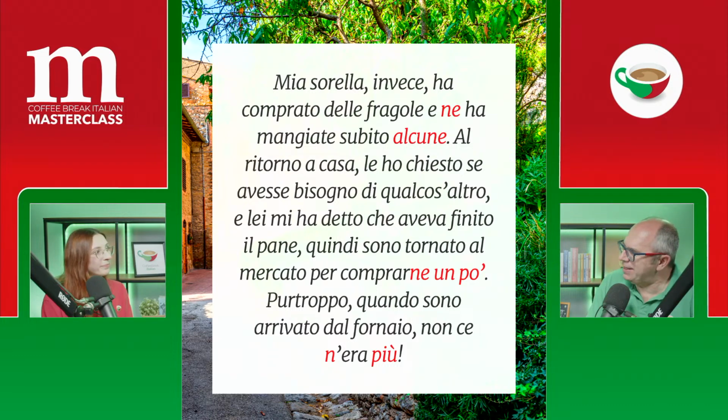Can you explain this a little? Because this is interesting. Yes. So this means that when I got to the baker, actually we have dal fornaio here at the bakery, there was none left. None of it left. So notice how in this sentence we have the combination of c'è and ne. So ci and ne in this case. So this means there was, we use it when we want to say that there wasn't or there was something, of course.